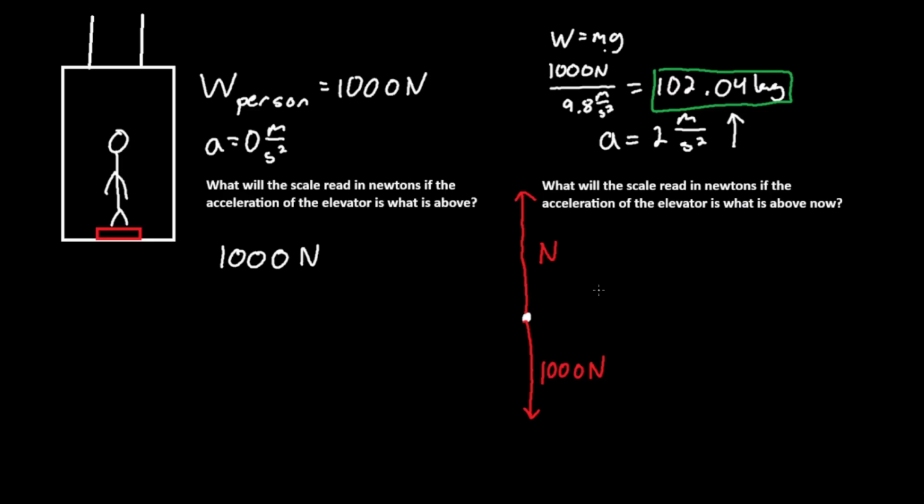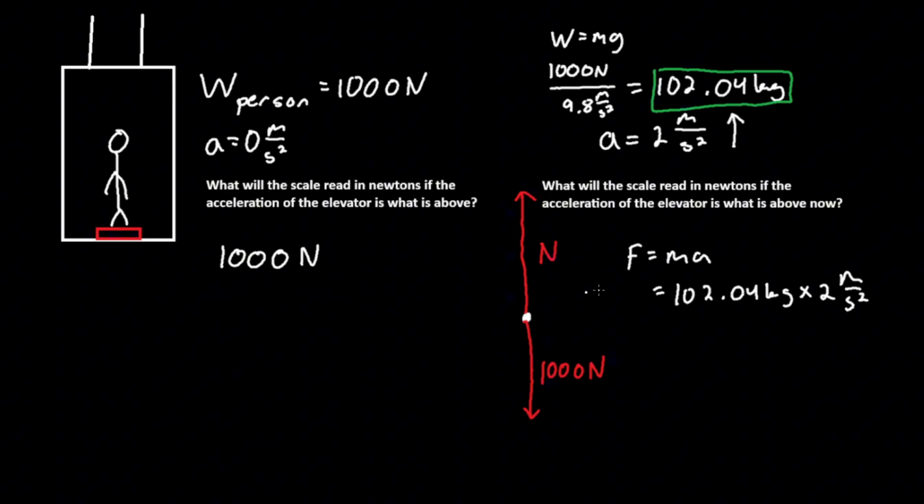So why is that important? Well, Newton's second law of motion states that force is equal to mass times acceleration. If your mass is 102.04 kilograms, and your acceleration is upward at 2 meters per second squared, then the force of the elevator has to be 102.04 times 2.